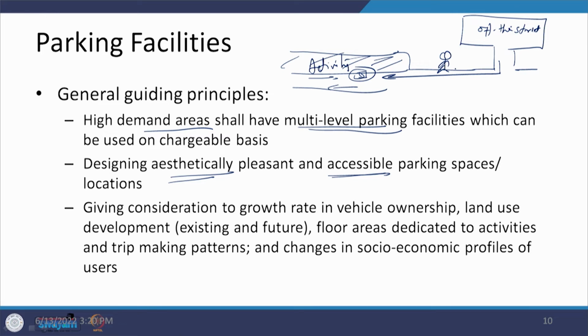So, whether this is an acceptable distance to walk is also an important aspect that needs to be looked at. So, accessibility of those parking spaces, accessibility of those locations. It should not happen that the person parks the vehicle here and then has to take another vehicle so as to go to the activity area.